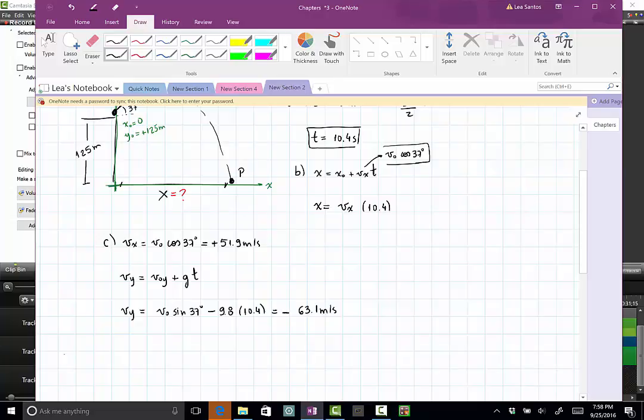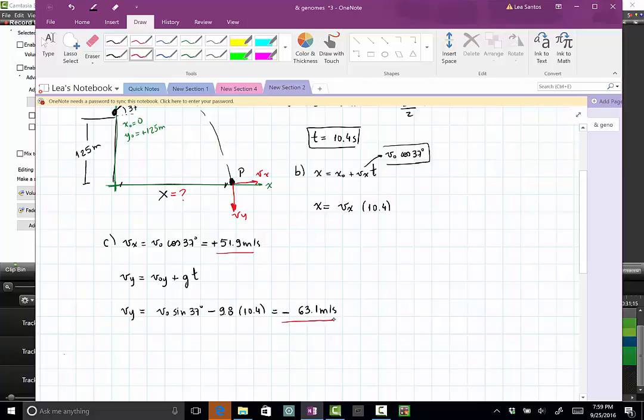And so once we hit this point P here, what we have is a y component and an x component. So this is the Vx that never changed, we obtained it here, and the Vy that is now minus 63.1.